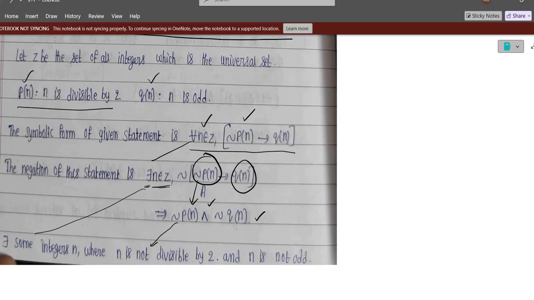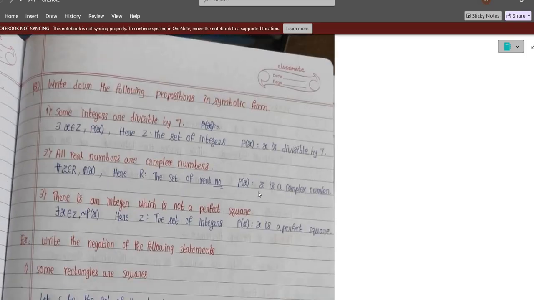Why not means because negation is there. That's why introduce not in the P of n statement. Then it becomes n is not divisible by 2. And again negation is there. N is odd becomes n is not odd. So this is the negation of given statement.